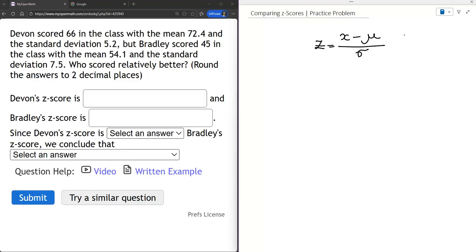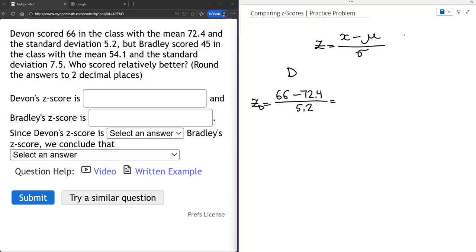So in this problem, we have Devon, who scored 66, with the class mean being 72.4 and standard deviation being 5.2. So the z-score of Devon can be computed this way.